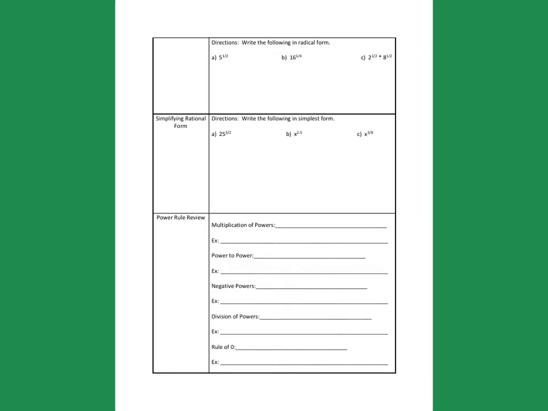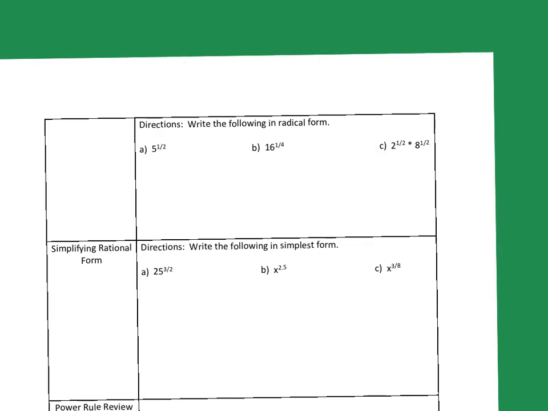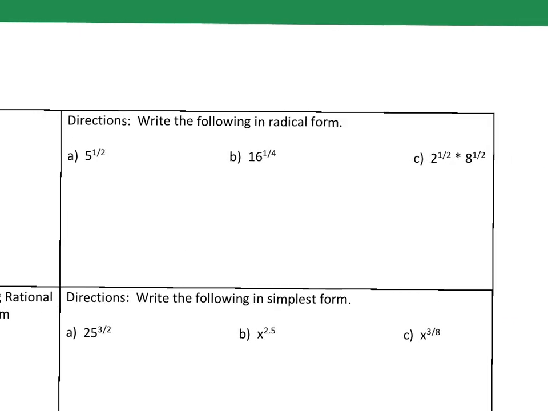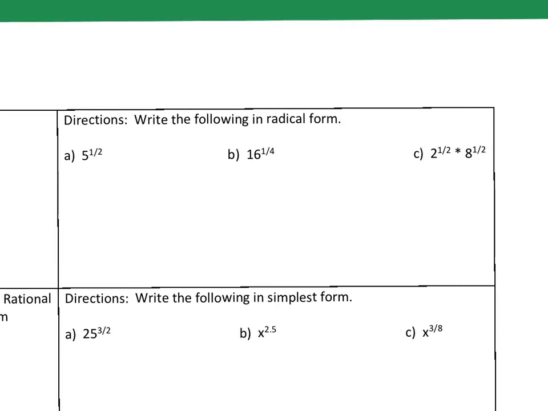All right, moving right along here. Now we're going to do the opposite, okay? So we're going to take it from the exponent form, right, the rational form, and we are going to put it in radical form, which means just in a radical, in a root, okay? So looking at the first one, it is 5 to the 1/2 power.